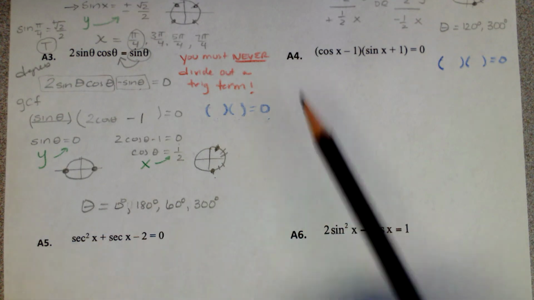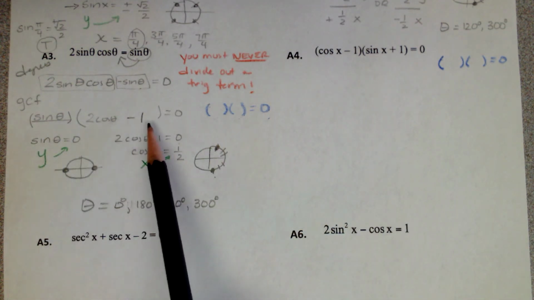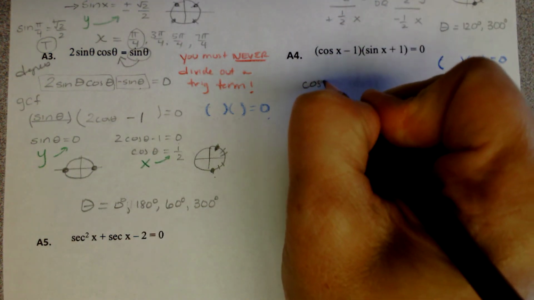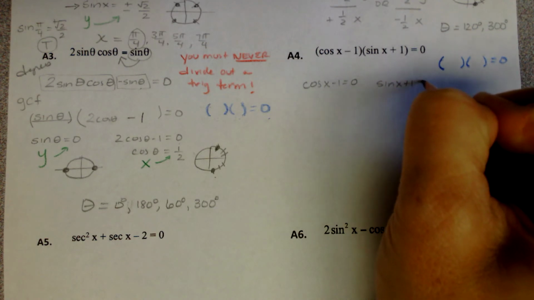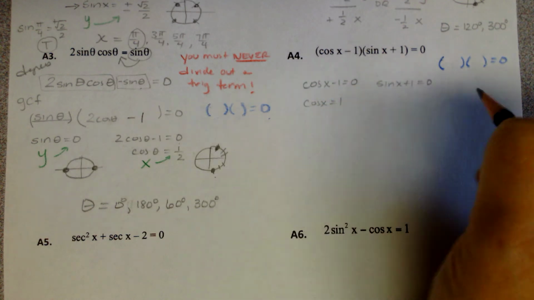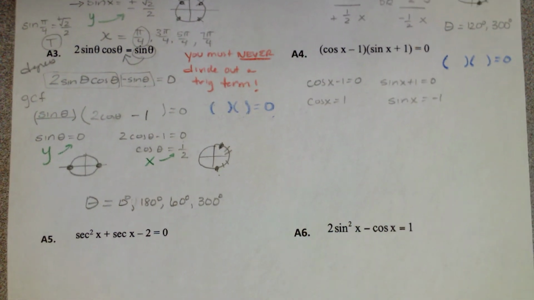So if we compare this to this, we can see we already have the two quantities that we can set equal to 0 and solve. Cosine x equals 1, sine of x equals -1.